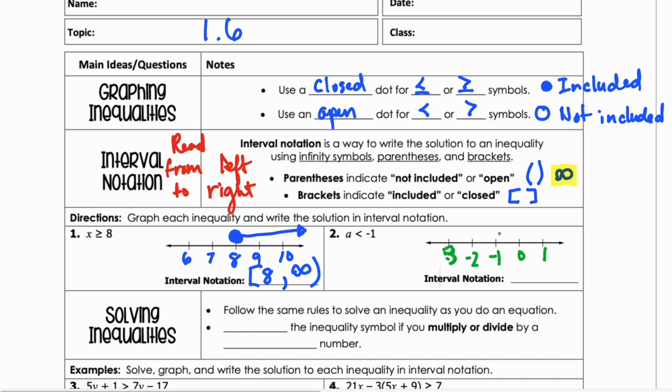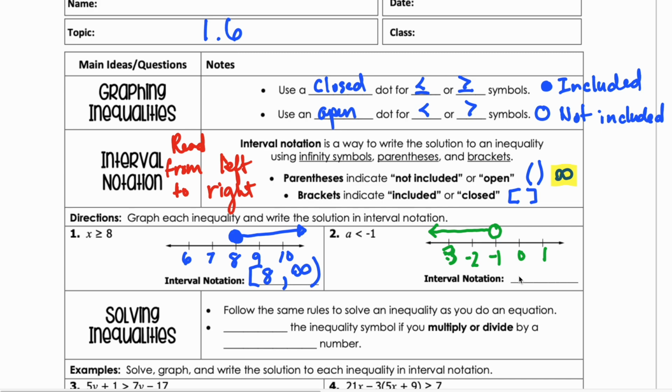And I am going to put a bubble over my -1, and since it does not have an equal sign underneath, it is going to stay open. -1 is not included in our answer. And a is less than -1, so that means that my arrow is going to be everything to the left. Everything to the left of -1 is less than -1. Now, if I'm reading from left to right for my interval notation, I'm hitting that arrow first.